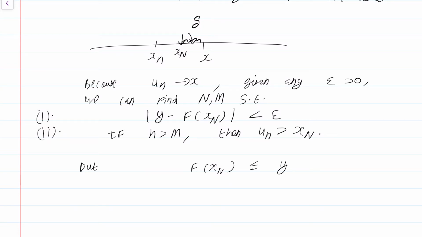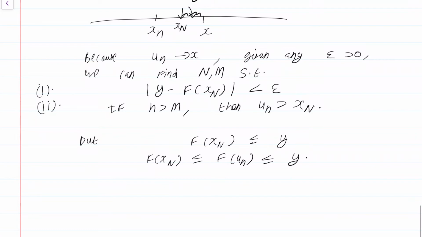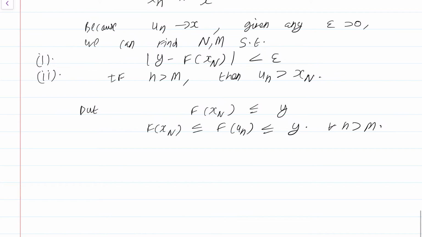And in fact we have f of xn is less than or equal to f of un is less than or equal to y, for n greater than capital M. In other words, y minus f of un is also less than epsilon. There's no need to put the modulus because we know that f of un is less than or equal to y. Which shows f of un converges to y. Okay, so the claim is proved.